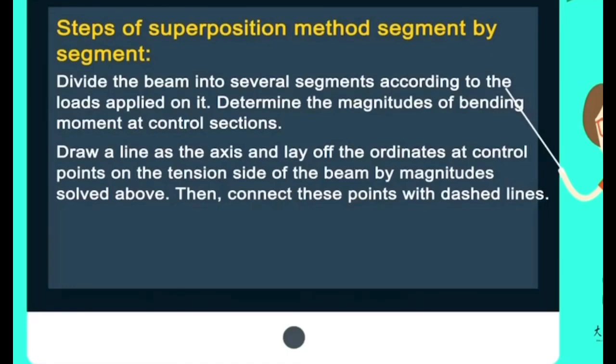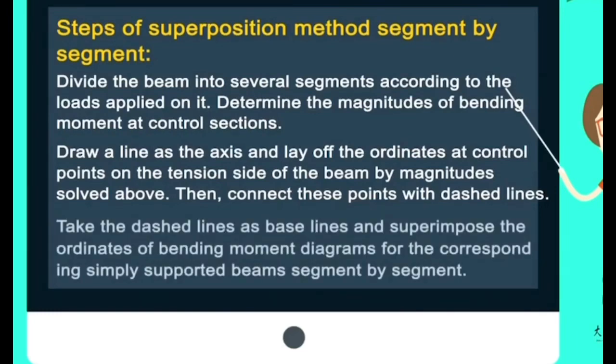Then connect these points with dashed lines. The third step, take the dashed lines as baselines and superimpose the ordinates of bending moment diagrams for the corresponding simply supported beams, segment by segment.